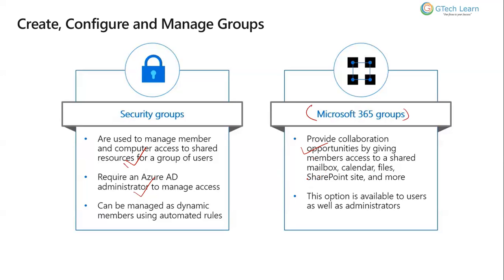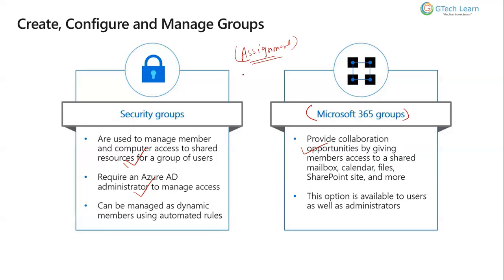The important thing is that whenever we are creating a group, multiple assignment options are available. When we want to add members to the group, either we can go with the manual option, that is the assigned option, or we can go with the dynamic option, where we set a few automated rules and based on that, users are automatically added and become part of that specific group.